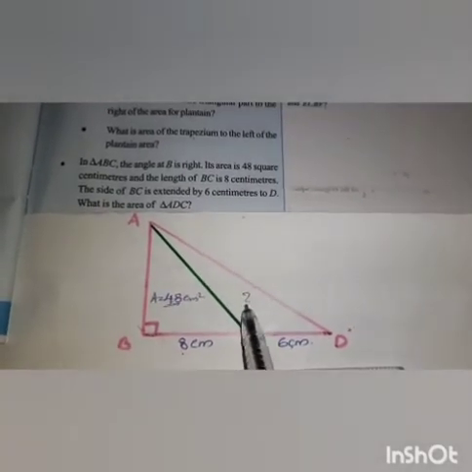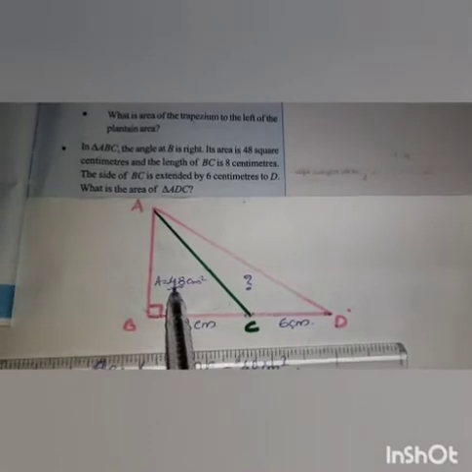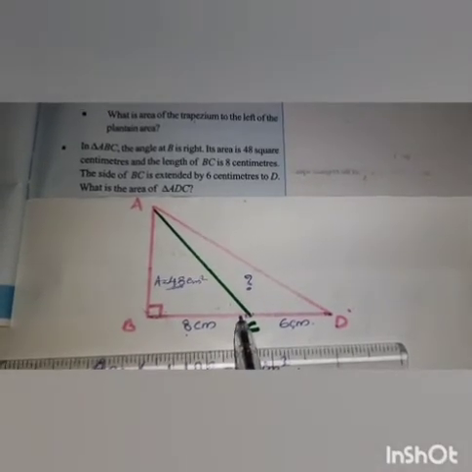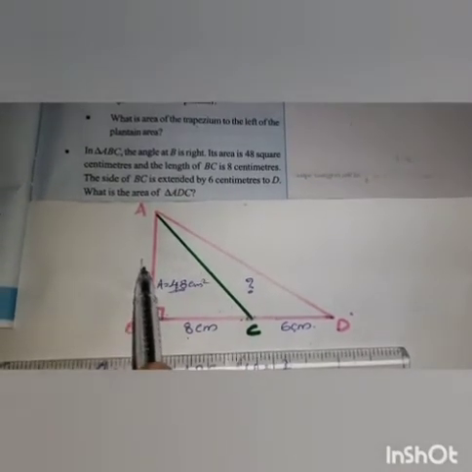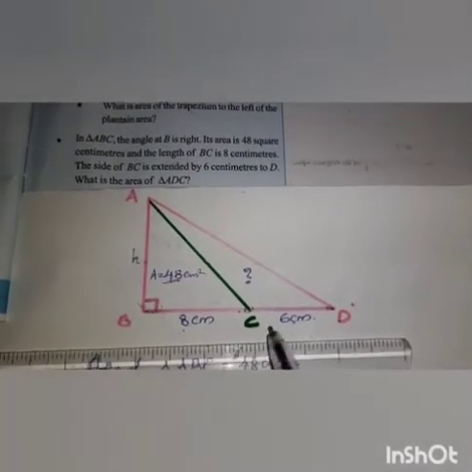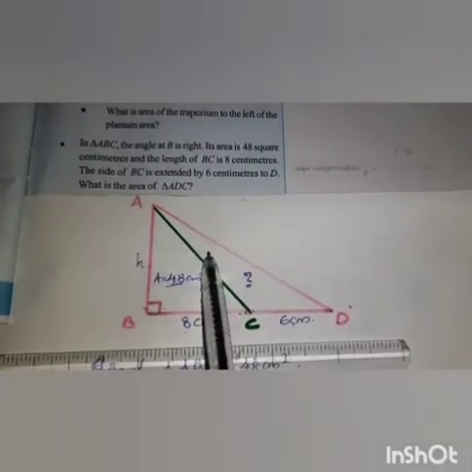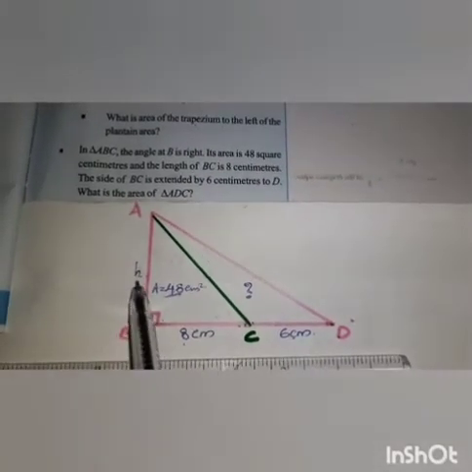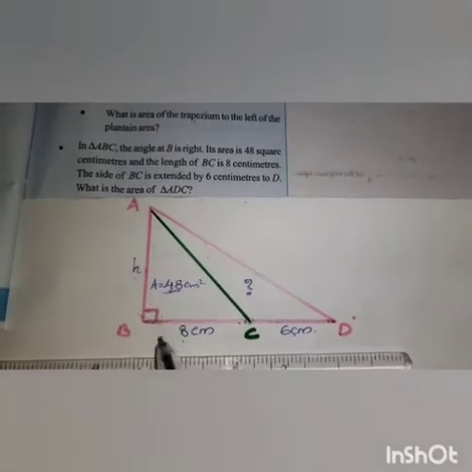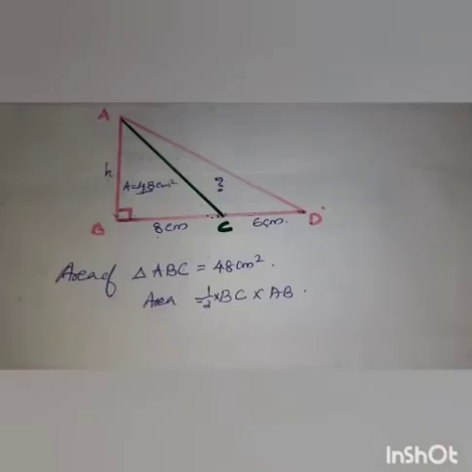So triangle ABC is given, area is given and base length is given, but this height is not given. That we have to find out first. Then using that we have to find out the area of triangle ADC. So how will you find out this H? Area is given and base length is given.